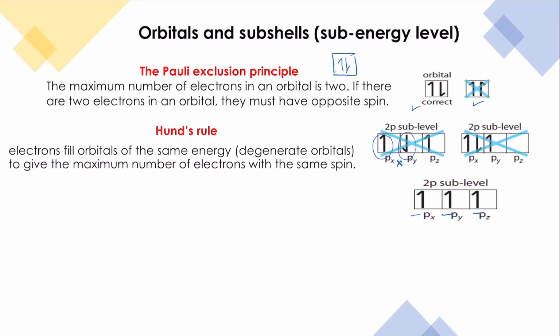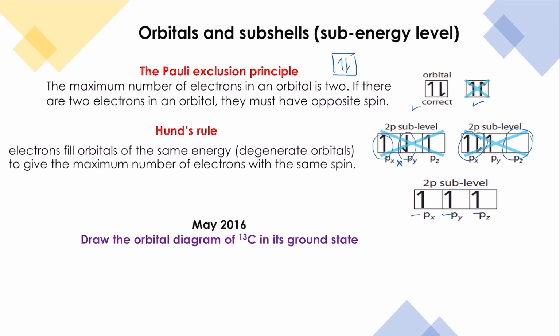You don't have to put 2 electrons in one orbital while you have a free orbital. So you have to distribute electrons in each single orbital first before you double them. Then you can, of course, draw electrons in the opposite direction.